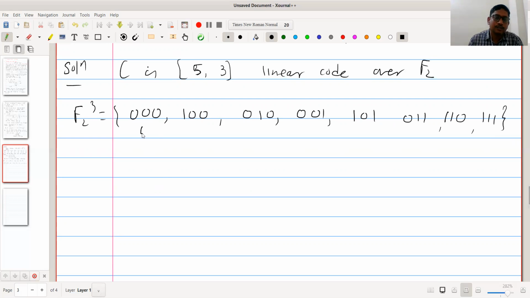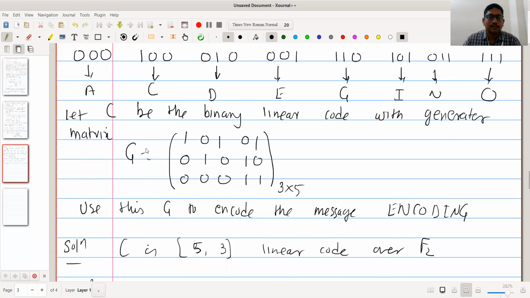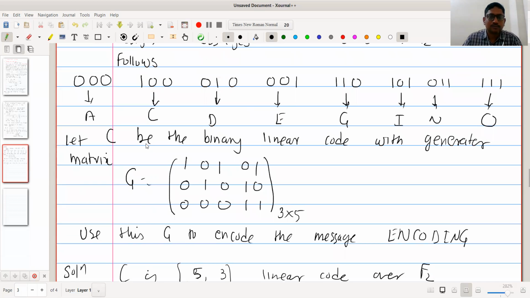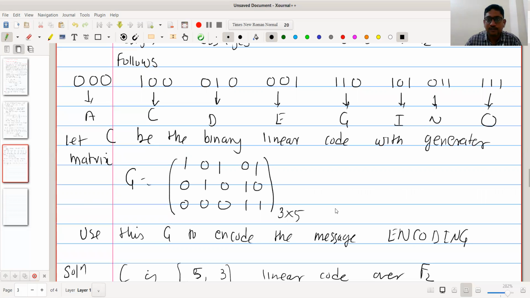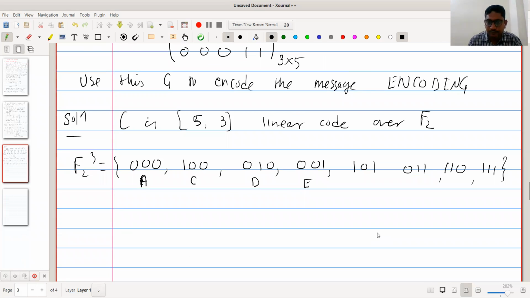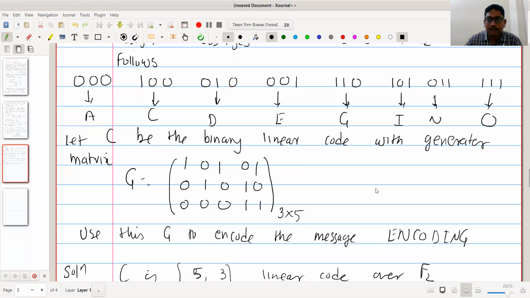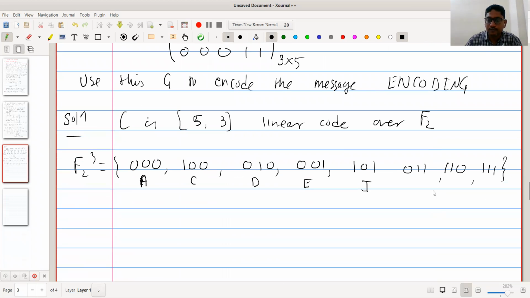Now this is your first vector, second vector. These are represented by some letter notations. 000 is encoded as A. For 101, it is I. For 011, it is N. I changed this order.